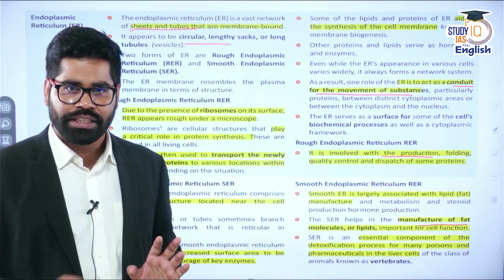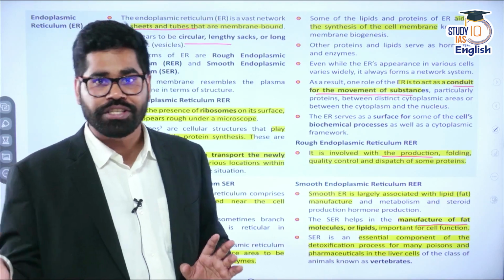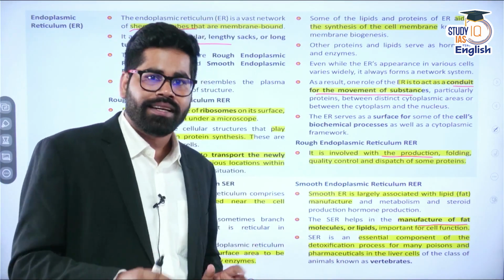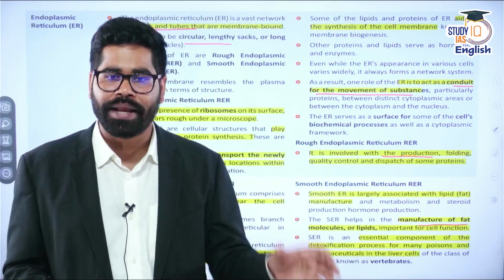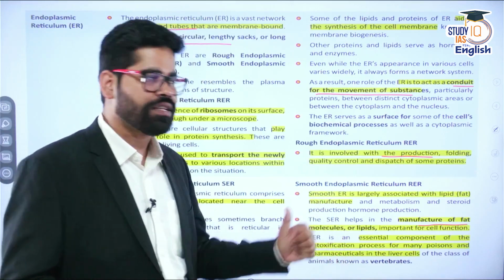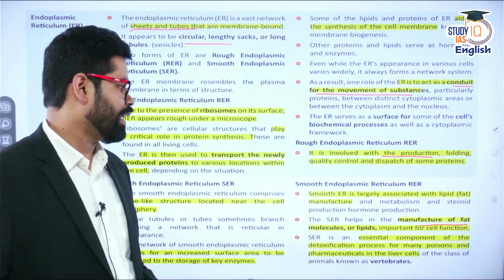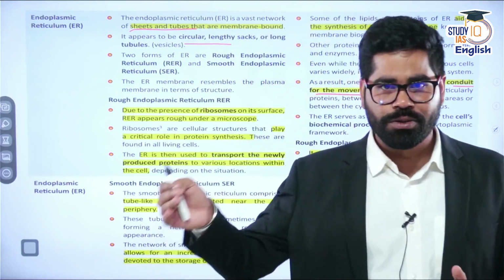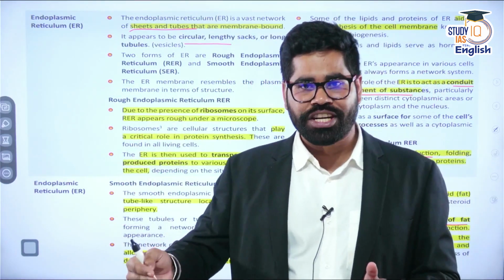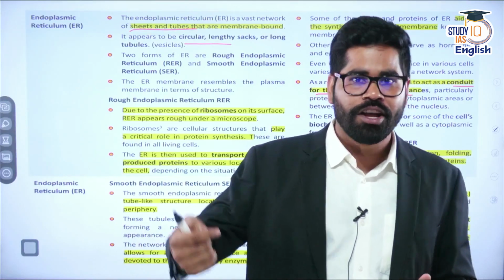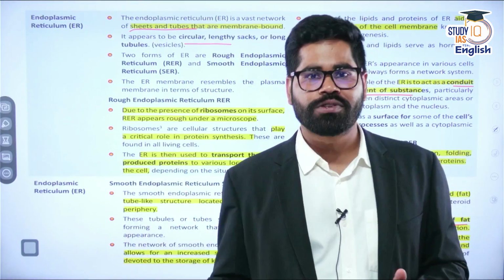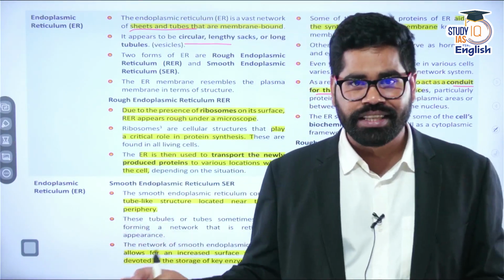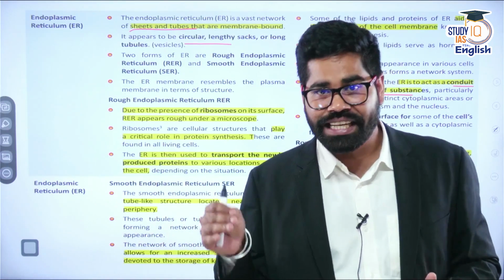So the different medicines or poisons which go into our body, their metabolism or breakdown happens with the help of the smooth endoplasmic reticulum. So on one hand, it is associated with lipid production inside the cell, meaning fat molecules. On the other hand, it is also concerned with detoxification in liver cells.